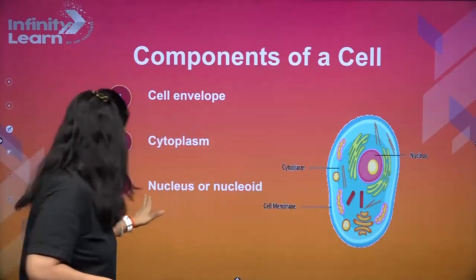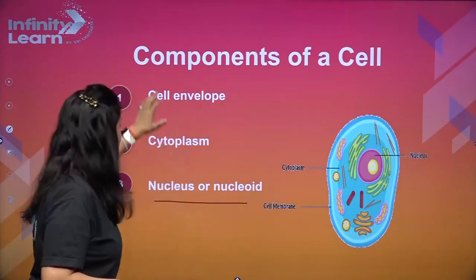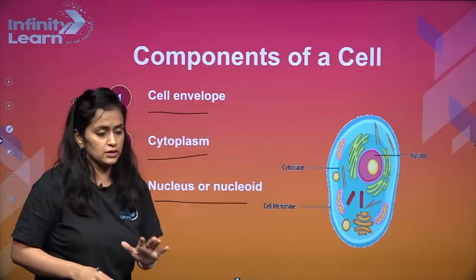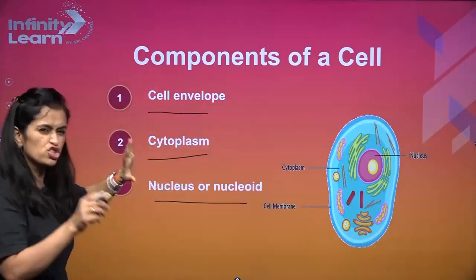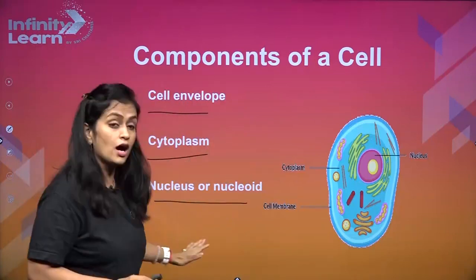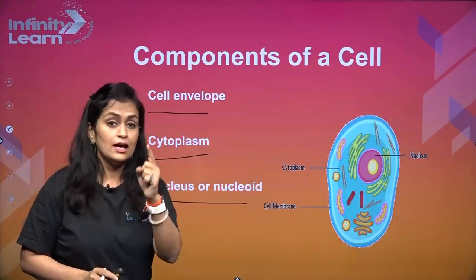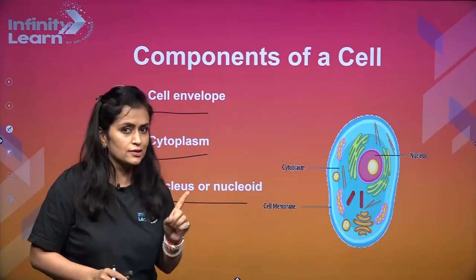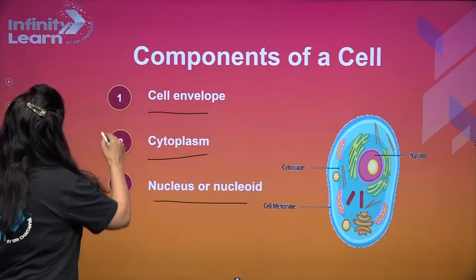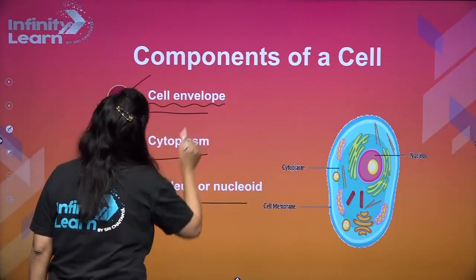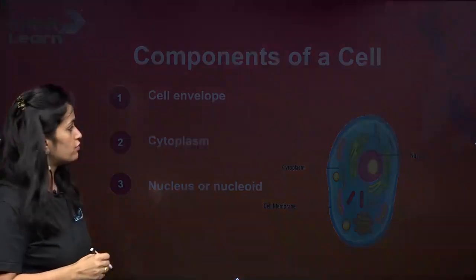Any which ways, this should be there, right? Cytoplasm has to be there and cell envelope should be there. So among these components of a cell, if all 3 are present, then only we call it as a cell. Remember, we call viruses as the particles, not the cell, right? So we are going to understand what is cell envelope and what it is made up of.